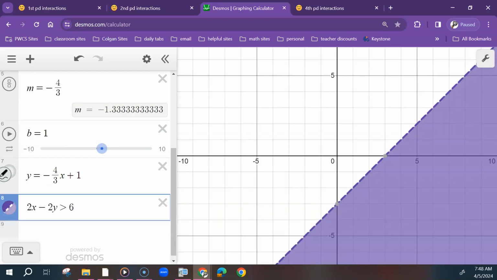So I see that this is a dashed line shaded below. Y-intercept is at negative 3. The slope looks like it's 1.